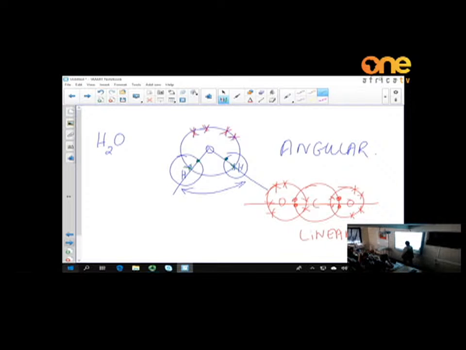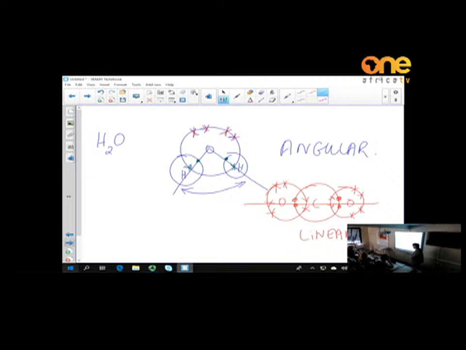Then the repulsion between these 2 single pairs is very strong, so they push each other away as far as possible. This pair is going to repel that pair and that pair, slightly weaker than what the single pairs repel each other, but stronger than what the bonding pairs repel each other, and it pushes the hydrogen atoms down into an angular molecule.